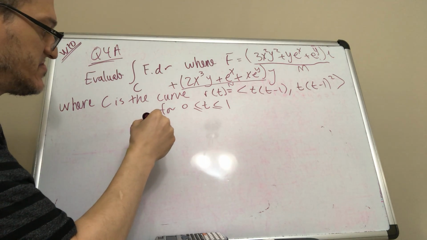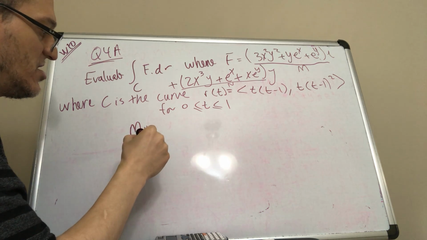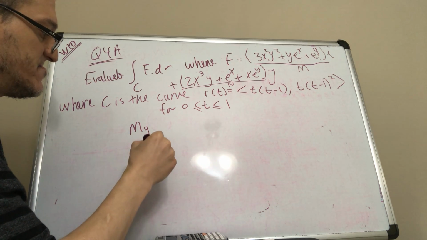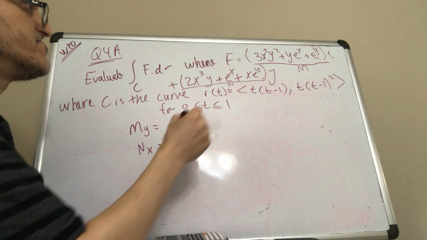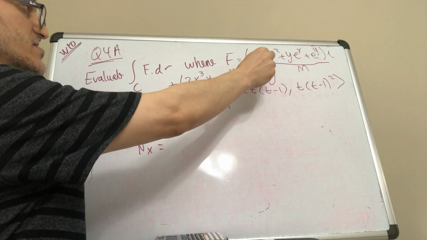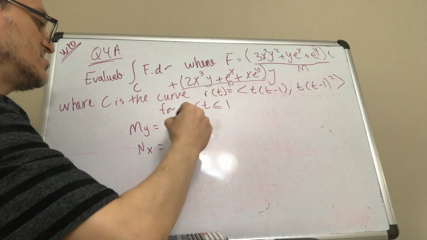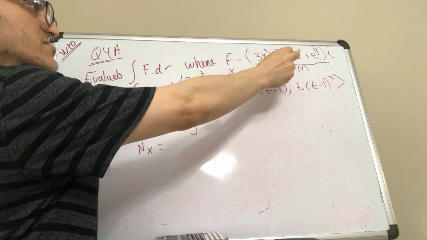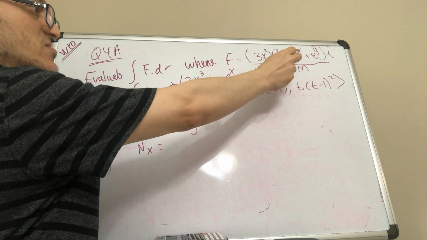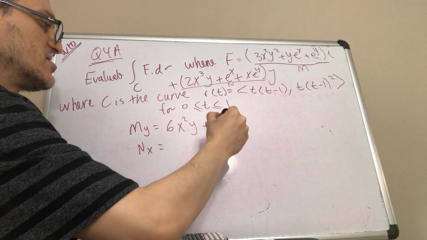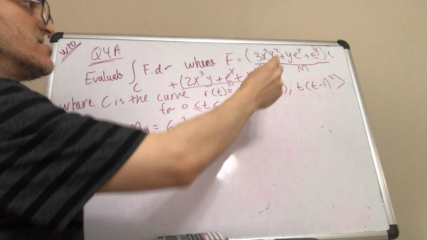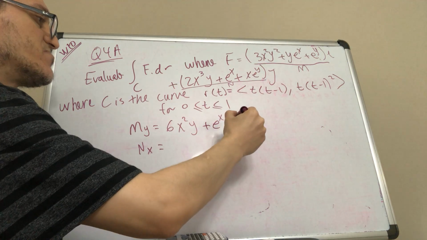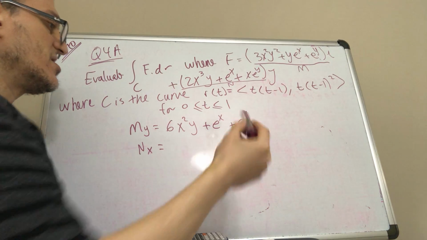So you find the derivative of M with respect to y and N with respect to x. The derivative of this with respect to y would be 6x squared y. The derivative of this with respect to y, a constant, would be just a constant. The derivative of this with respect to y would be e to the y.